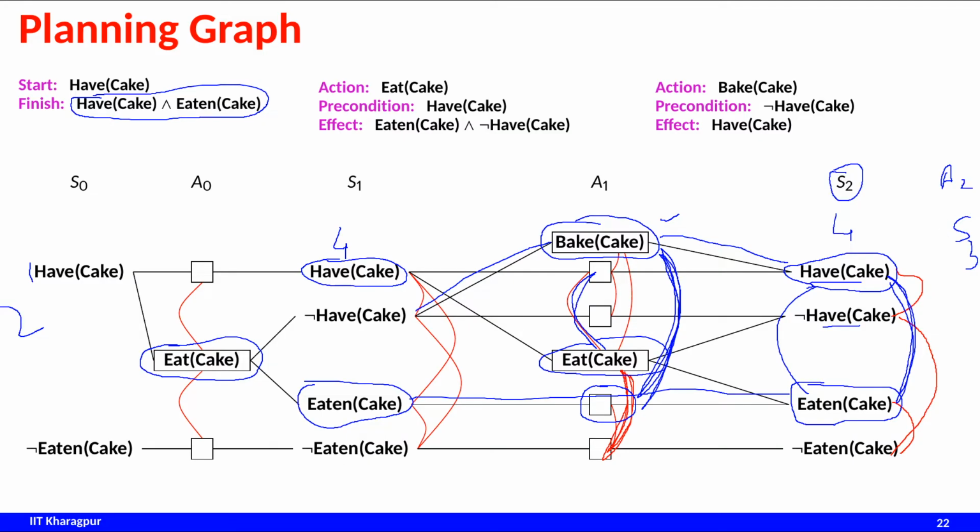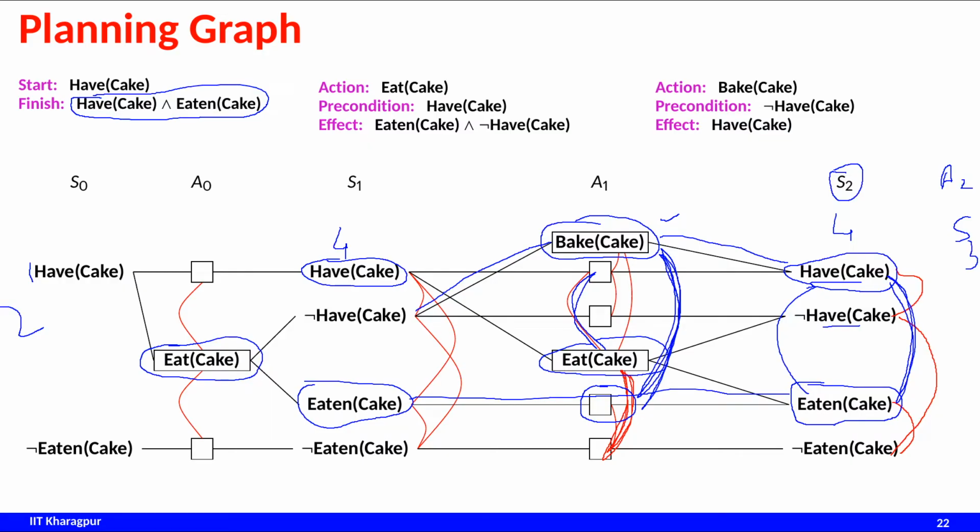So the overall strategy of this algorithm is that we apply a set of actions, generate the literals, and check for non-mutex literals that represent the goal state. If so, we try to find the solution. If we fail to find a solution, we expand the horizon by one more level and repeat the same steps. So the obvious question is when to stop.